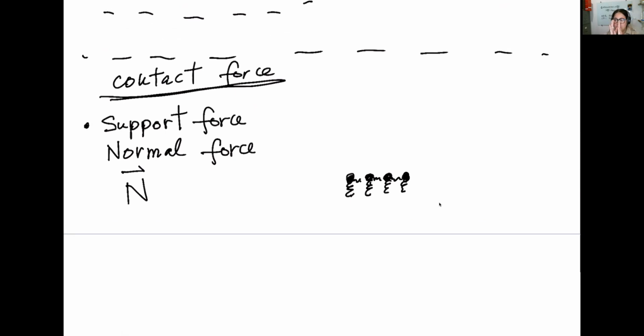So when two objects are in contact with each other, you push slightly, and you almost bend these springs a little bit. So on the surface, these molecules will be compressed. Yellow is too hard to see.